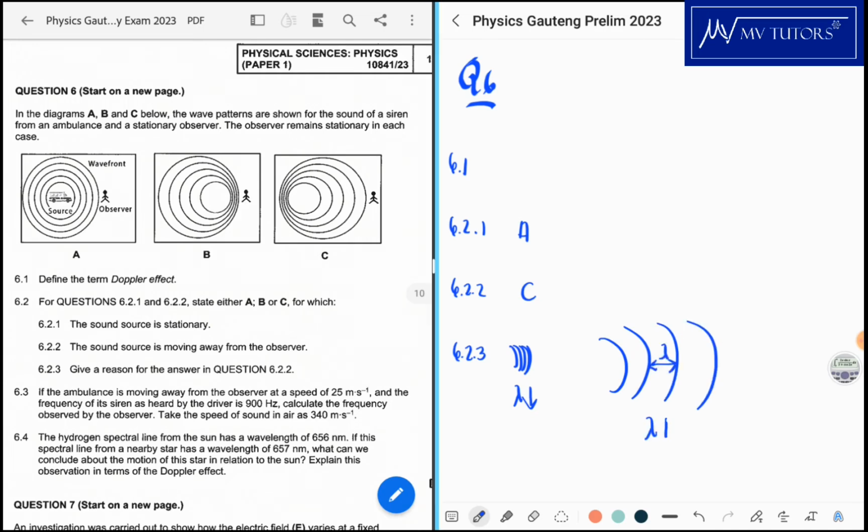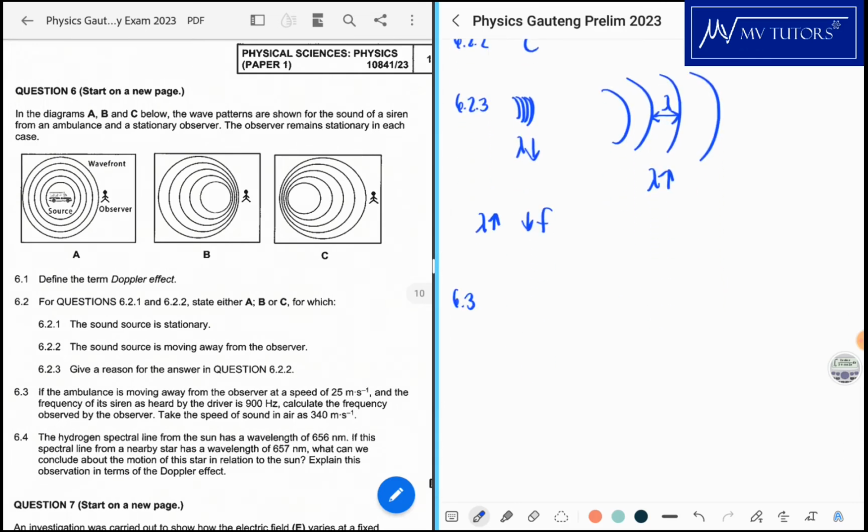The wavelengths have actually increased. If your wavelength has increased, the bigger your wavelength, the lower your frequency, and as such we can see that in this case it's moving away. So the frequency of the waves reaching the observer decreases as the wavelength increases. We'll leave it at that.